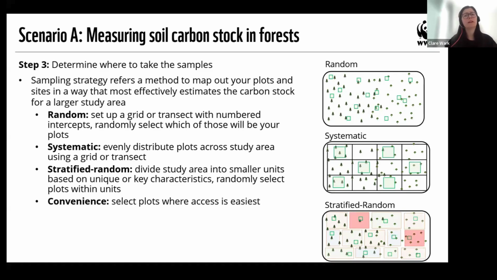So for random sampling, you set up a grid or a transect with numbered intercepts, so points where your grid kind of intercepts with itself. Then you can use a program to randomly select which intercepts you will be using to set up your plots. This sampling strategy is used when your study area is uniform or in cases where you don't know that much about the ecosystem.